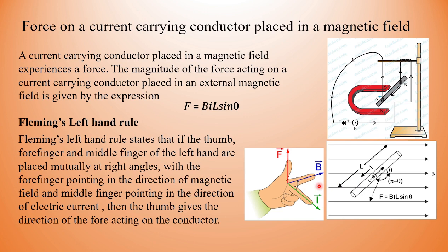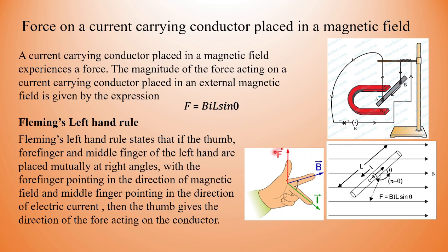Suppose the forefinger points in the direction of the magnetic field and the middle finger points in the direction of electric current, then the thumb will give the direction of force acting on the conductor. So the thumb gives the direction in which the conductor is moving.